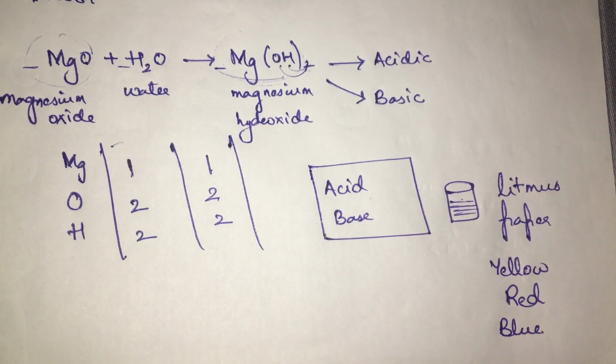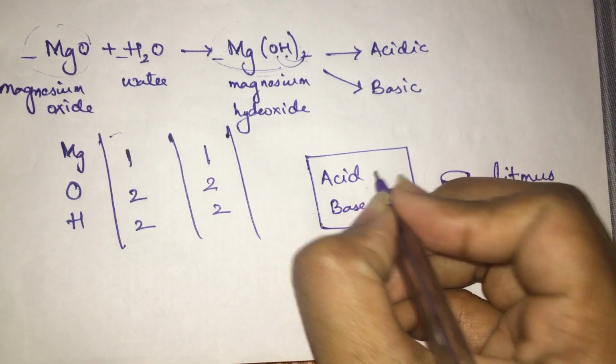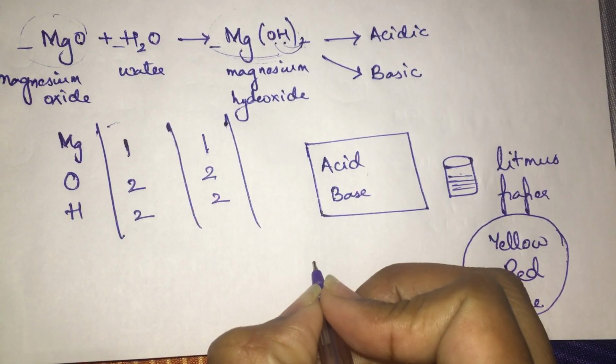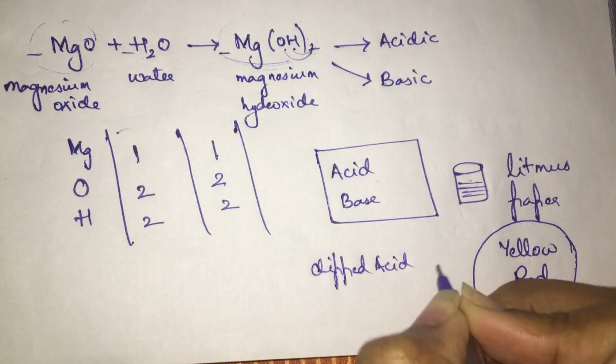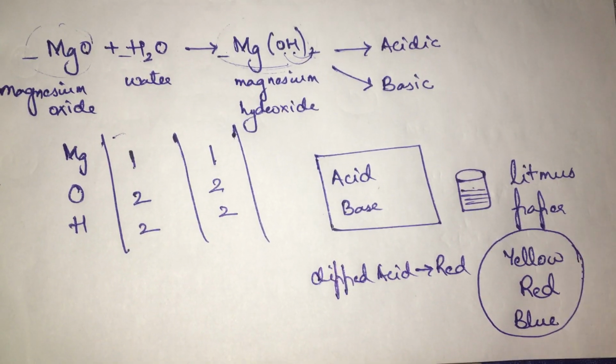I will dip it into the solution. If it is an acid, any of these three litmus papers dipped in acid will be red in color. Red will remain red only, yellow will turn red.